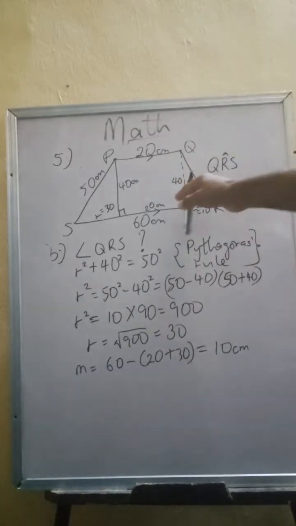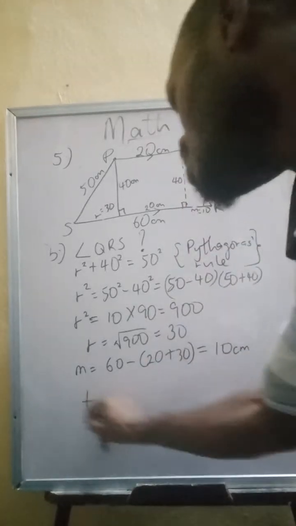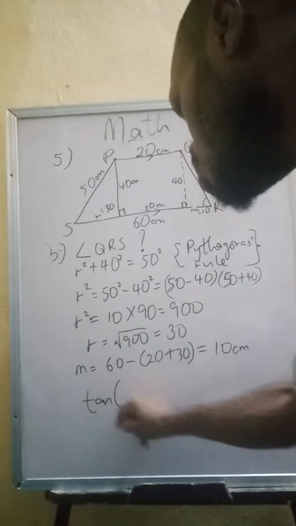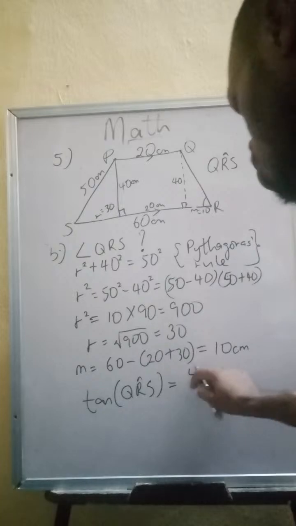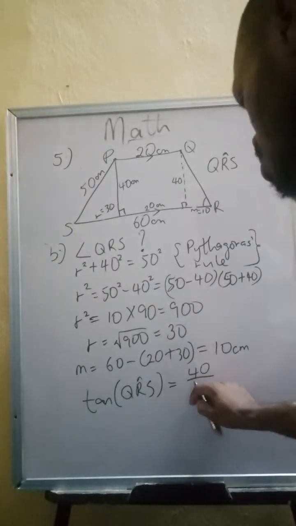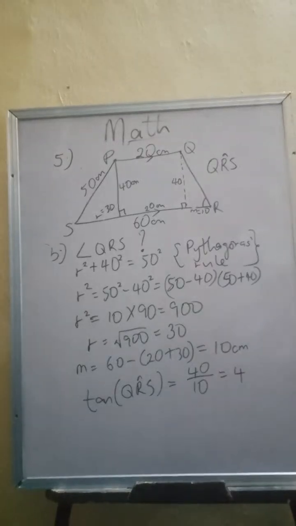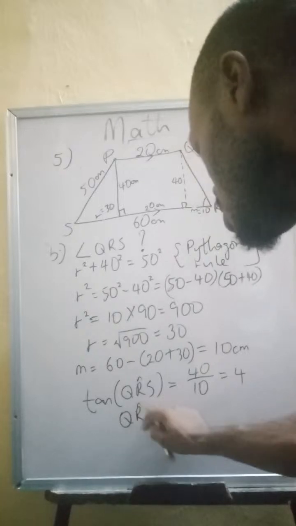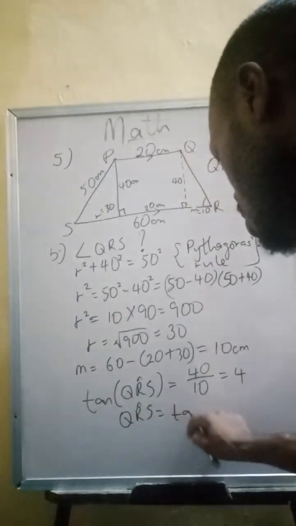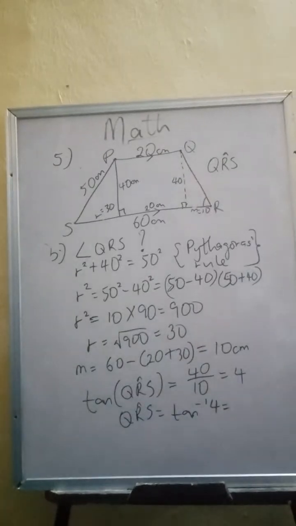Since the opposite side and the adjacent side are given, you're going to use tan. So tan of angle QRS is equal to the opposite side over the adjacent side, which is 4. And so angle QRS is tan inverse of 4.